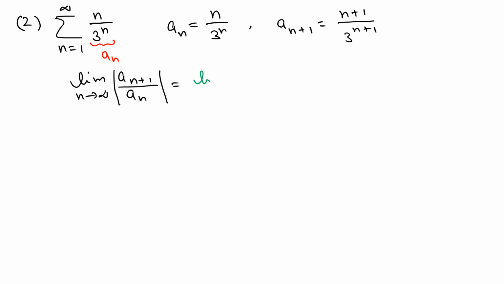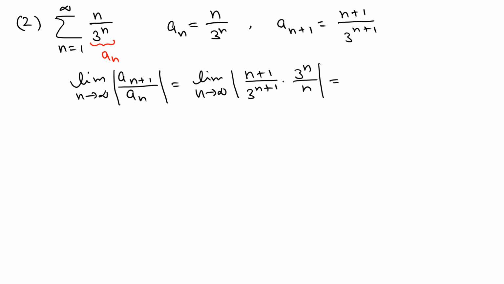Let's plug in: a_(n+1) is n plus 1 over 3 to the n plus 1, and then we divide by a_n, which means we multiply by the upside down, 3 to the n over n. Actually you really don't need the absolute value sign because these terms are positive. So we can combine them, and there's something interesting going on here. You can rewrite this one like this.